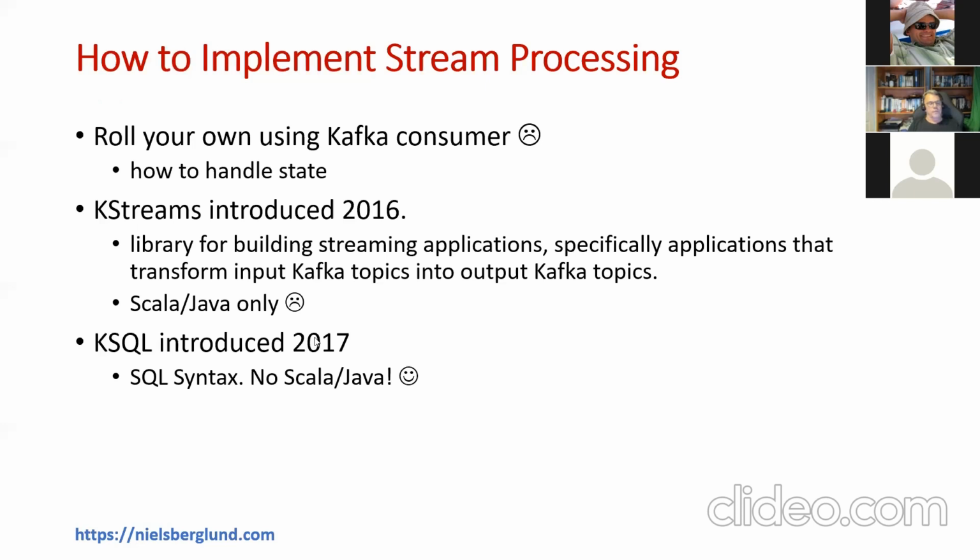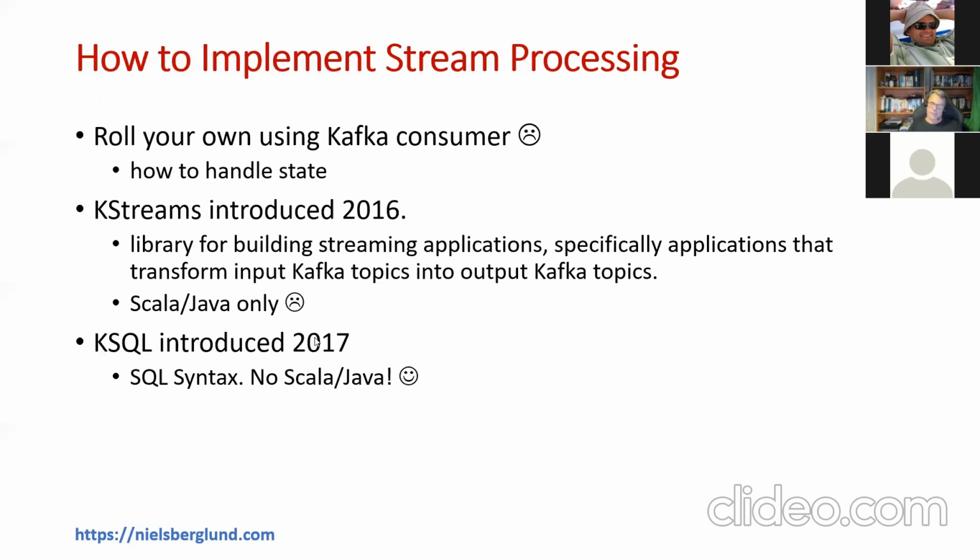Now it becomes interesting, because this whole K-streams is a DSL on top of some very deep plumbing in Kafka. In 2017, Kafka introduced something called ksql, which is built on top of K-streams. That is a DSL where you are writing SQL syntax.